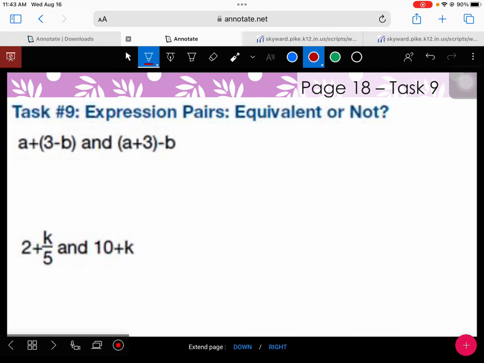Is there only one strategy that'll work to check these? Do you think there's only one? No. You're right. There's probably at least a couple, at least two.